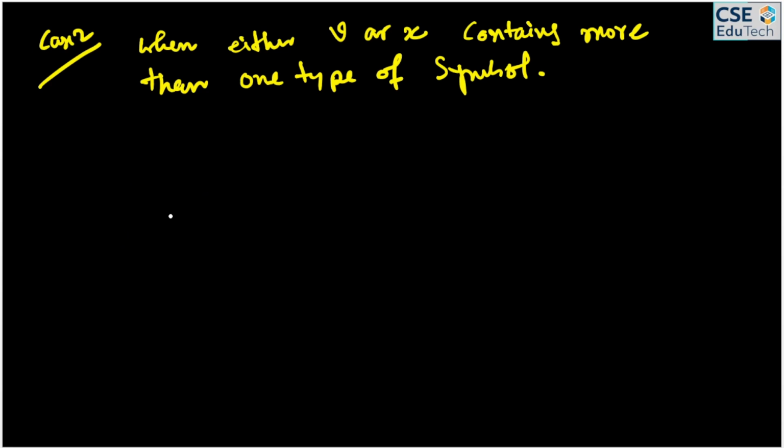Here also we consider that we can partition A, B, B, B, C, C, C, C. We partition this string like that.